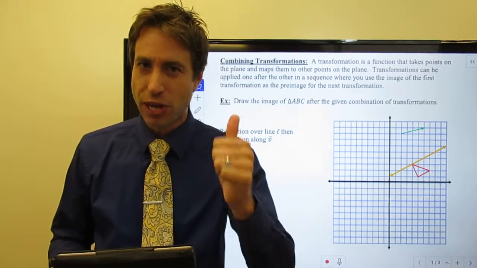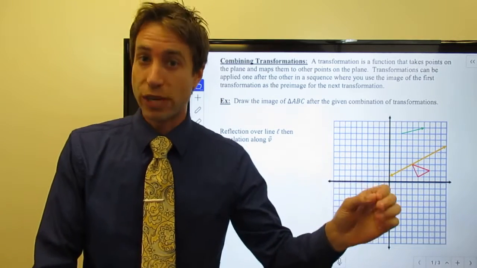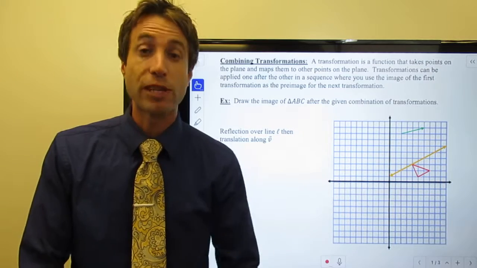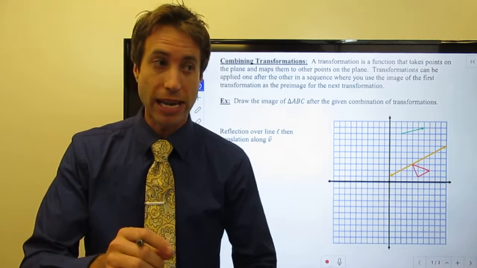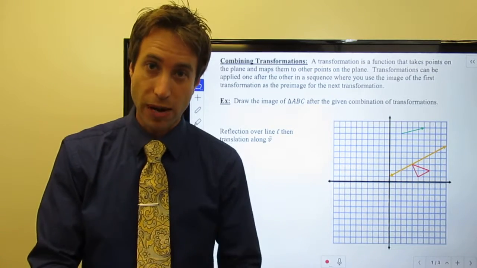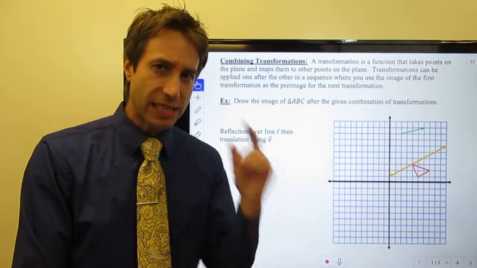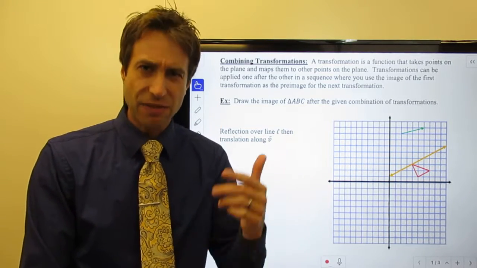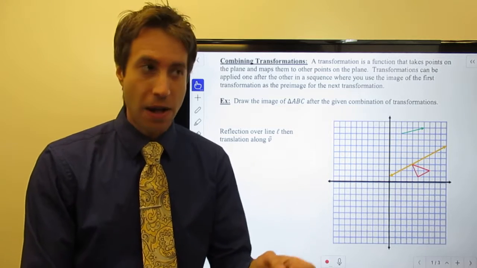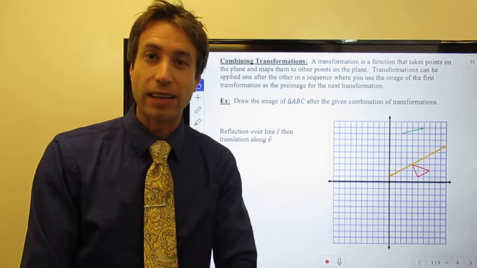Same shape, same size. Then we looked at non-rigid transformations, which change the shape of the image. It stretches it or compresses it, but it changes its shape. So as we go through these, keep that in mind, rigid versus non-rigid. We're going to develop an idea here having to do with rigid and non-rigid transformations and congruence.